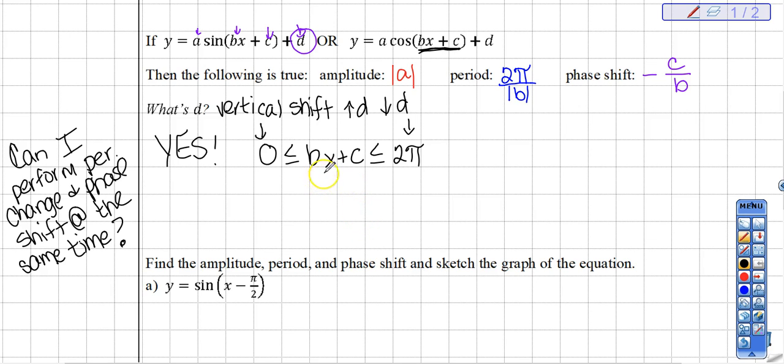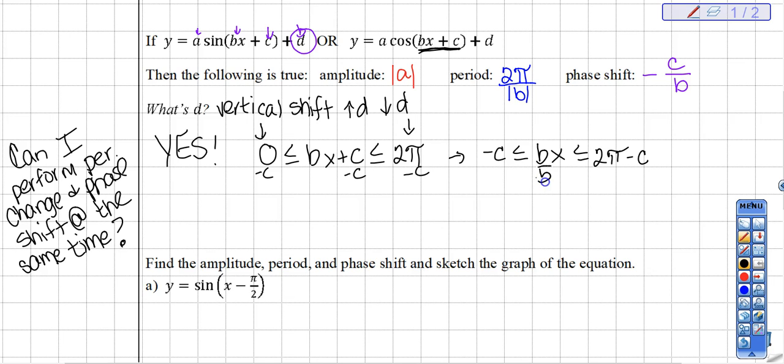Yes? So basically, if we were to go through the process with just the alphabet soup we've got going on here, we would subtract c from all 3 sections, and we'd have negative c less than or equal to bx less than or equal to 2 pi minus c. And that's always a little bit of math when we have to do that.